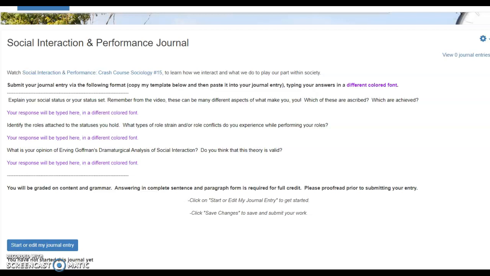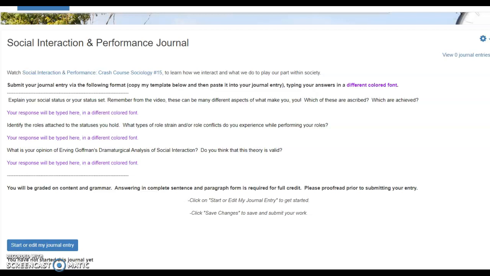And then the second question is going to ask you about those roles. So you have a status, and then you have a role that's attached to that. And then I'm asking you to explain what type of strains and conflicts do you have while you are performing those roles. So those are 3 questions for this week.